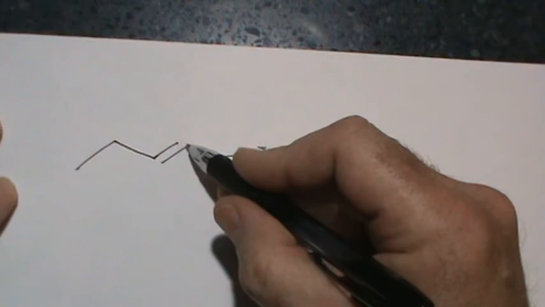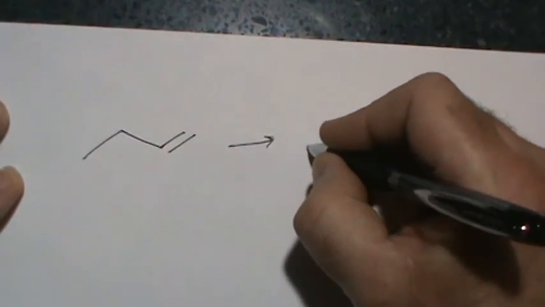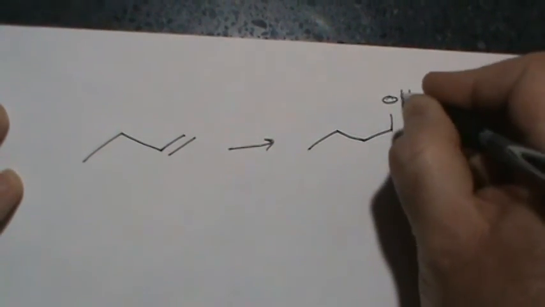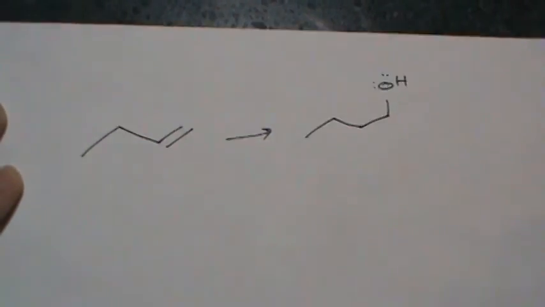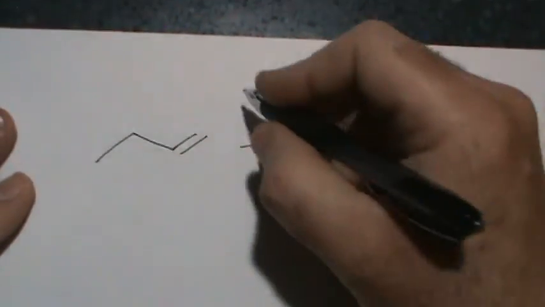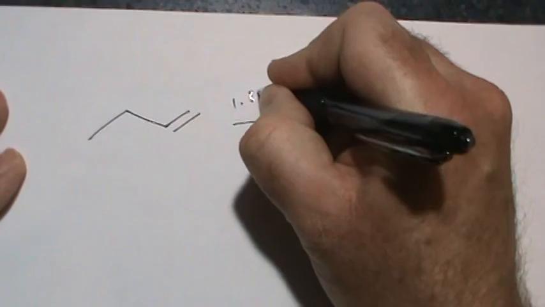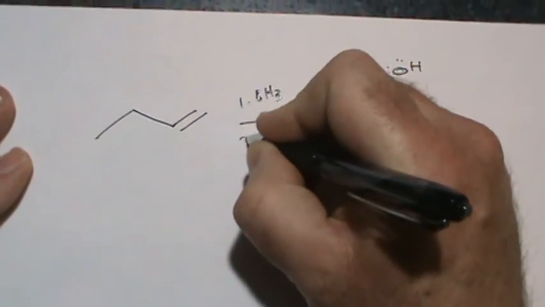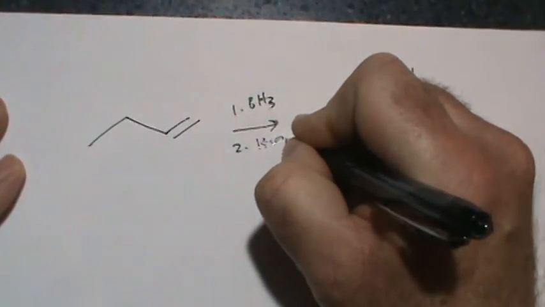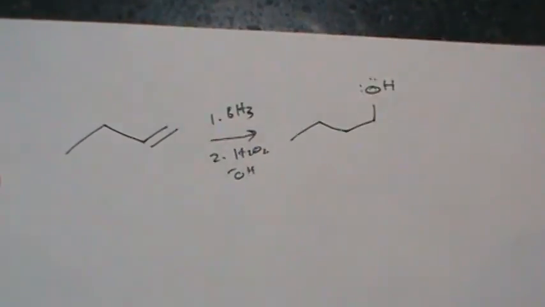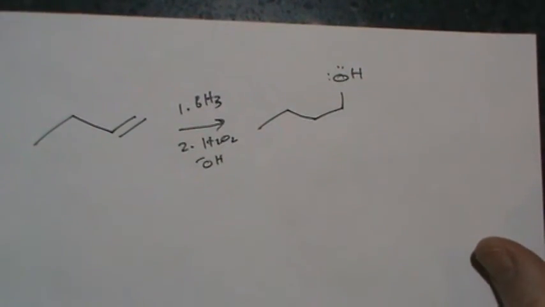We need to put an aldehyde at that carbon, so we're going to begin by putting an alcohol at that carbon. How do we do that? This is an anti-Markovnikov hydration. We can do that. We've done that many times.